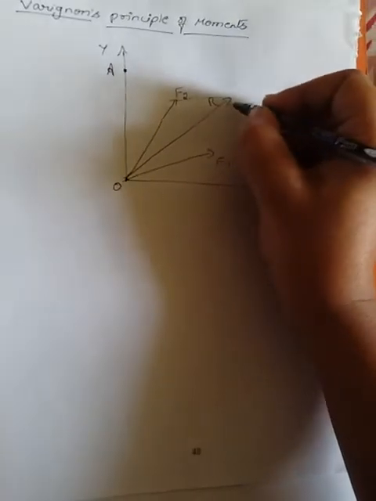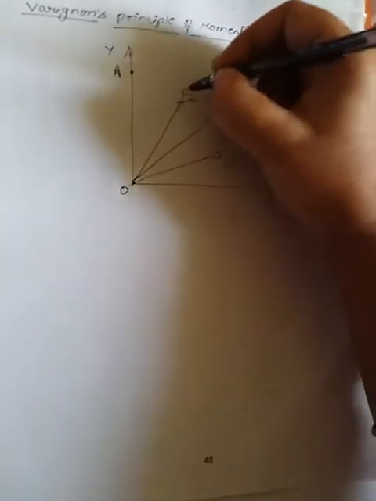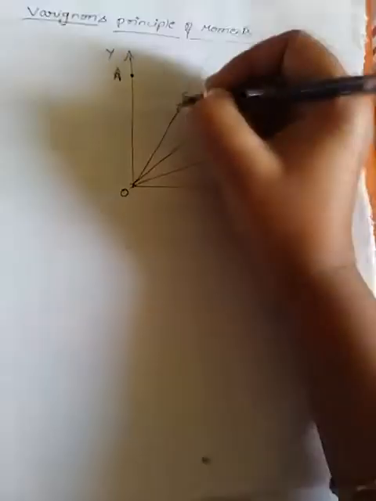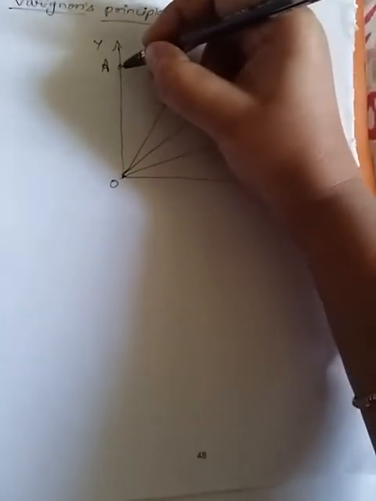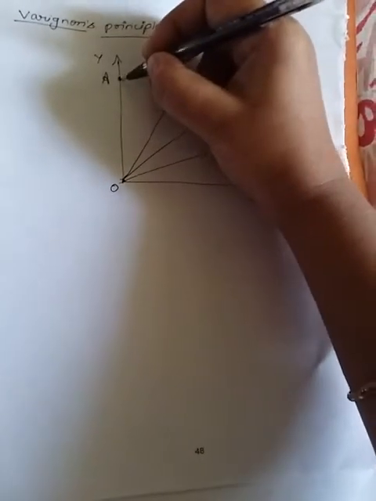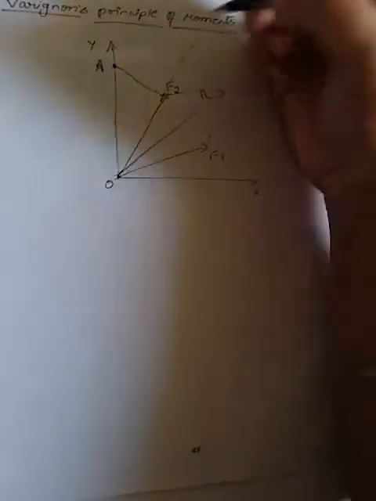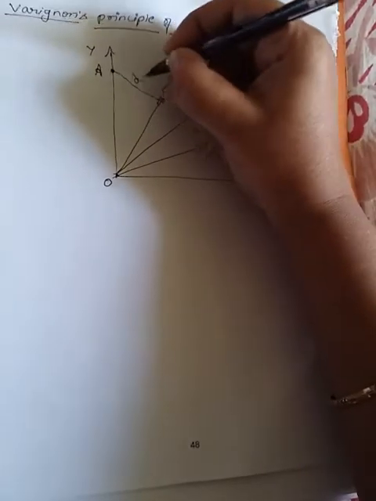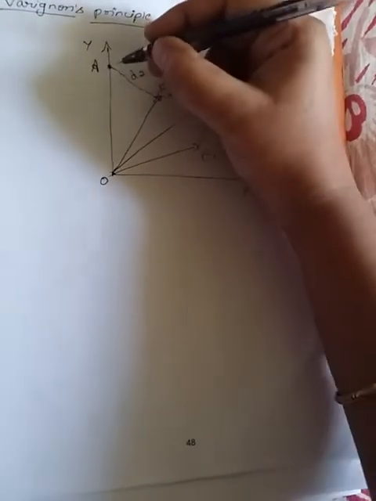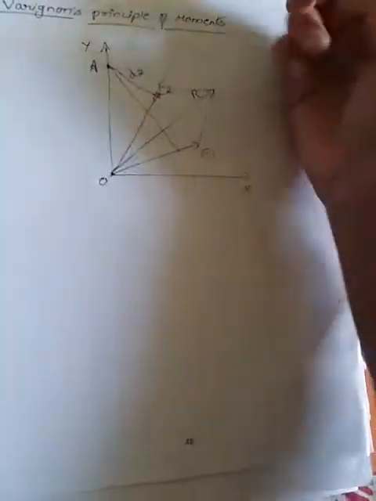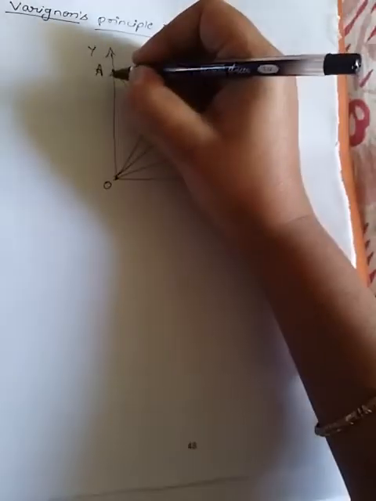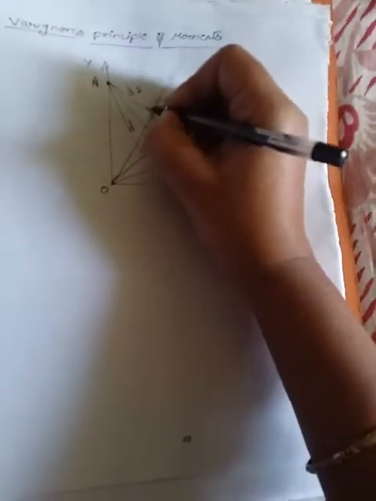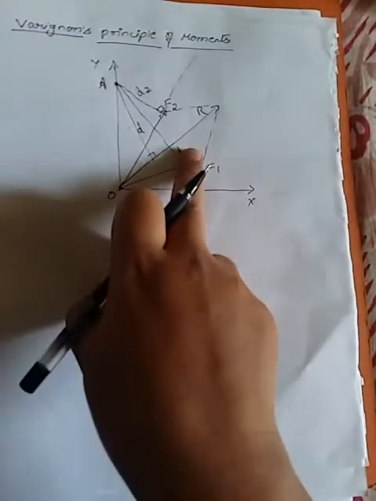Now I'm going to join this, and if you take this line, I'm going to erect a perpendicular distance like this till F2 it becomes D2, and till F1 it becomes D1, and till R it becomes D. These are the perpendicular distances for forces F1, F2 and the resultant.